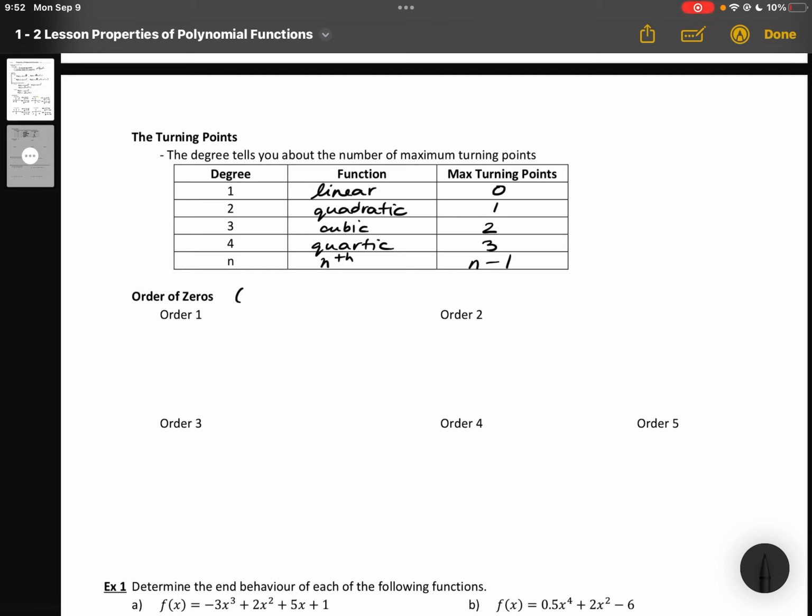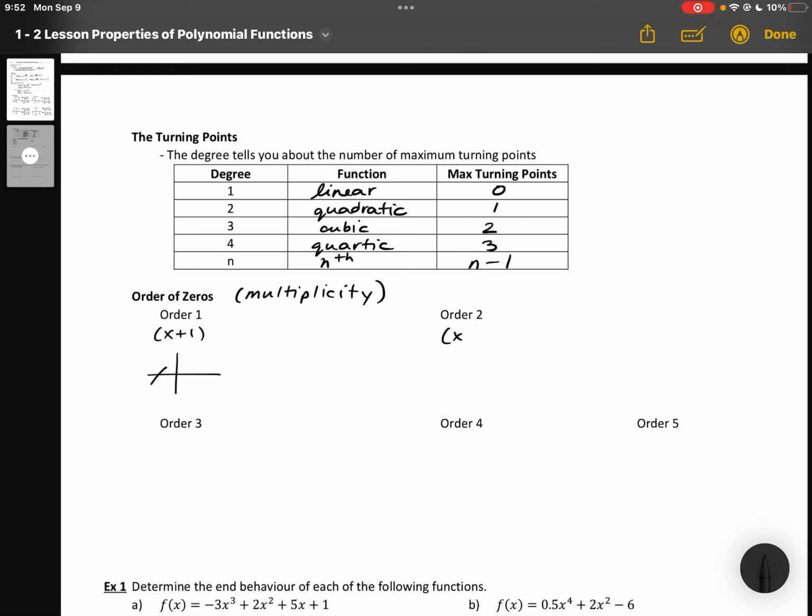Our next feature is the zeros, and this is also known as the multiplicity of roots. And the exponent that goes with the root tells you how they behave around the x-axis. So if you have a 0 of order 1, that just means at that 0, the graph crosses the x-axis.